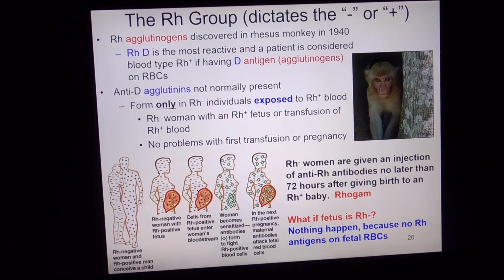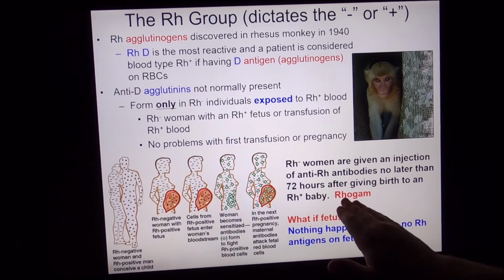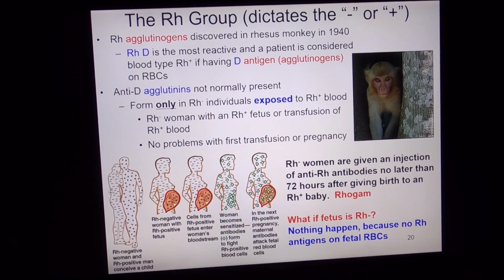This is not good. And in the past, it's been a real problem, but no longer, because today, if mom is rhesus negative and the kid potentially is rhesus positive, right when she gives birth, we'll give her a shot of what's called Rogam. Okay, the kid's out of her system, we'll give her a shot of Rogam. And what this is, is rhesus positive antibodies.